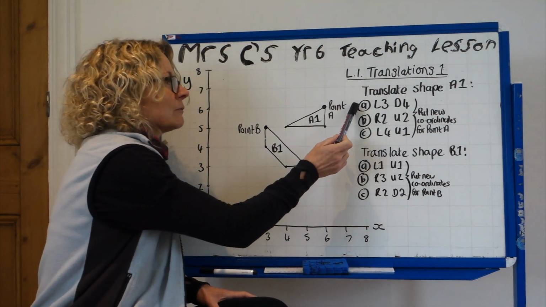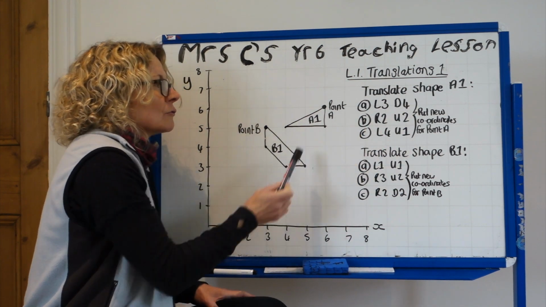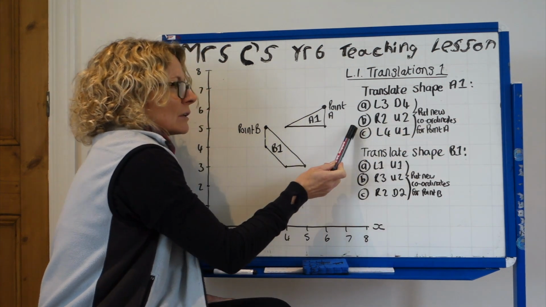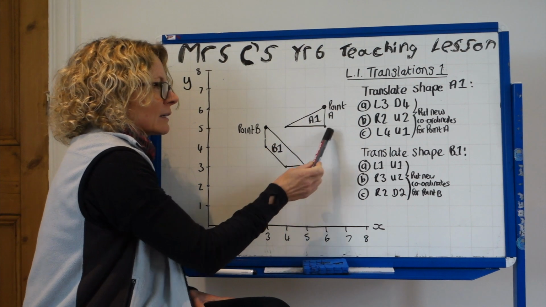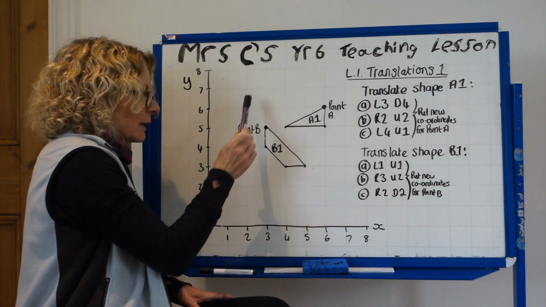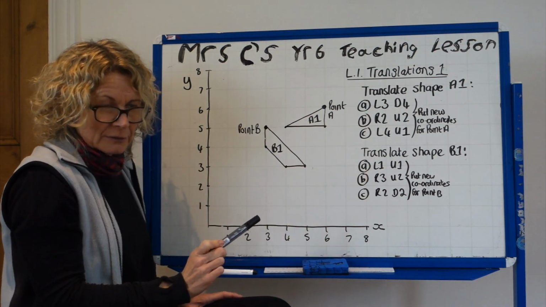Okay, so you need to follow where it needs to go, left 3 and down 4, and redraw it. Then write the new coordinates, and then it's going to move right 2 and up 2. So that triangle is going to move to 3 different places. So there's going to be 3 new A1 triangles somewhere on this graph.